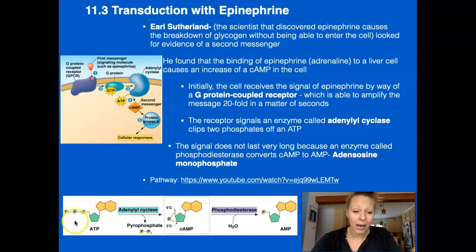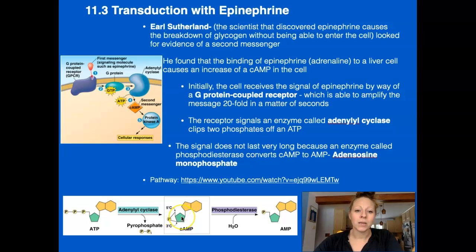So let's look at our reaction, our pathway here. We have an ATP, and adenylyl cyclase is going to clip off 2 phosphate groups, and it's going to make cyclic AMP. Cyclic AMP is an adenosine monophosphate, but it has this little circular shape on it.